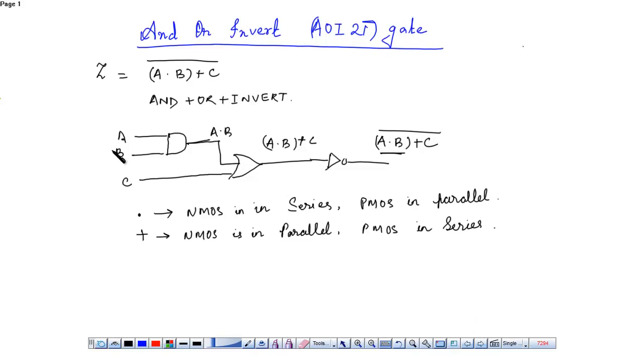So since there are 3 inputs, we need 3 PMOS and 3 NMOS. Out of which A dot B, that is NMOS in series, so we'll have 2 NMOS in series and 1 in parallel.